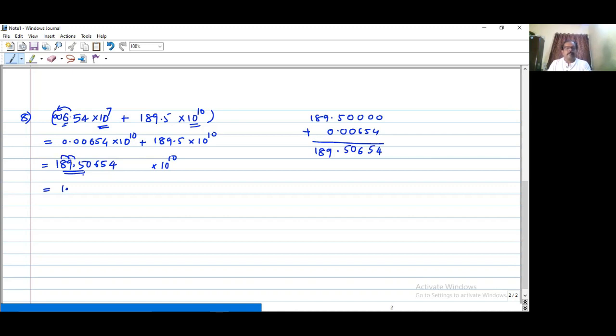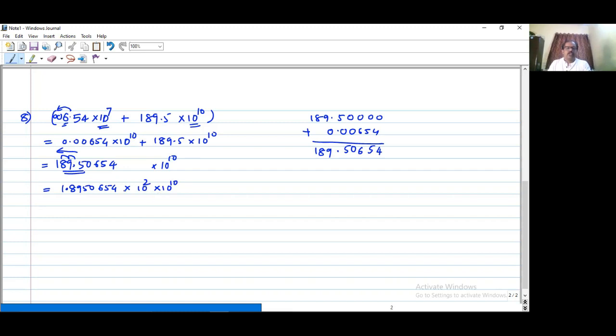Means when we move the decimal from right to left, what we need to do? We need to multiply it by 10 to the power, how much? Positive power, that is 2 places. So what will happen? It is 1.8950654 into 10 to the power 2. And this 10 to the power 10 remain as it is.